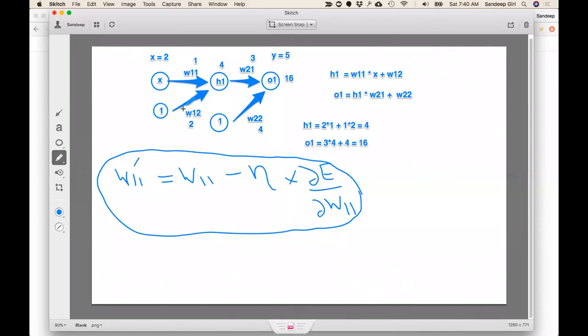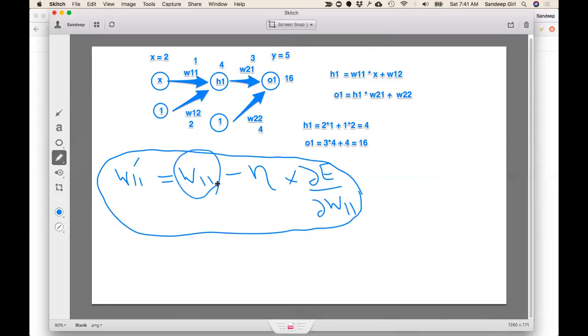We could just ignore the error part and try other combinations of weights, randomly scanning through all the variations of weights, but that would not give us great results because it will take a long time. So instead, we try to change the weights in the direction where the error is minimum.